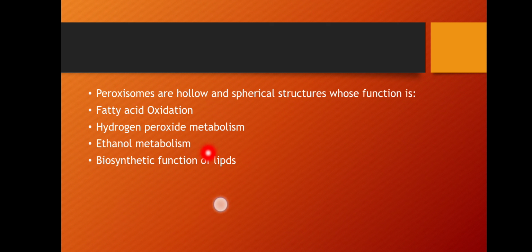Then it also functions in the metabolism of hydrogen peroxide. It also plays a role in ethanol metabolism and in the biosynthetic functions of what? Lipids. So: fatty acid oxidation, hydrogen peroxide metabolism, ethanol metabolism, and biosynthetic functions of lipids.